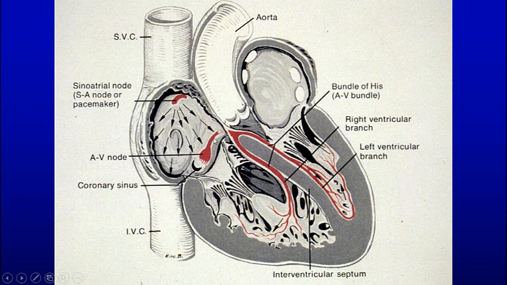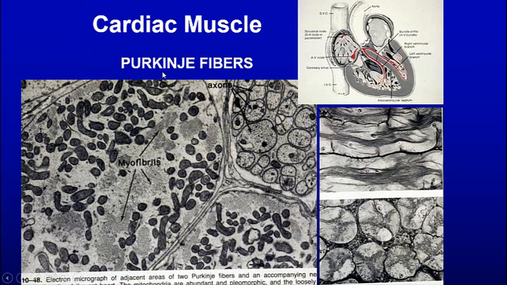Now, you have modified cardiac muscle cells that extend down deep into the ventricles and then back up beside them. That's the bundle of His, or the Purkinje fibers. And here we see the Purkinje fibers, modified cardiac muscle cells. Indeed, you can see some myofibrils inside there. There's nerve associated with that as well.